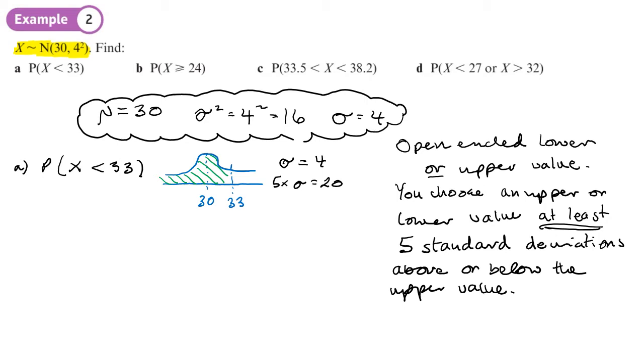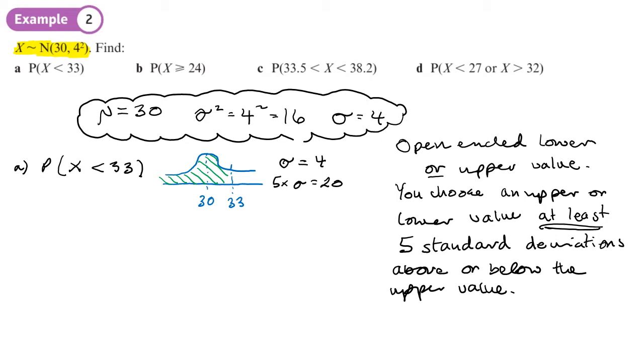So you can just pick a really small number, a long way away from this, or a really big number. But at least 5 standard deviations ensures that you're basically getting right into that tail, and to 4 decimal places, you're going to get an answer that's pretty much the same. There's hardly going to be any difference.